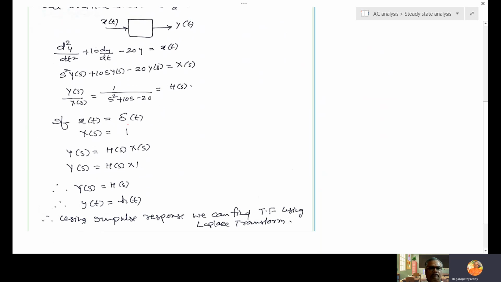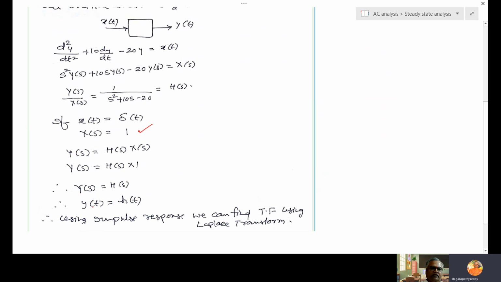Now if x of t is an impulse function, the Laplace of the impulse is 1. Then what is Y of s? H of s into X of s, and X of s is 1. So Y of s equals H of s, and y of t equals h of t.